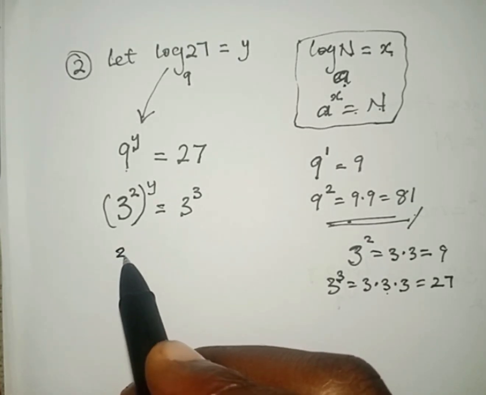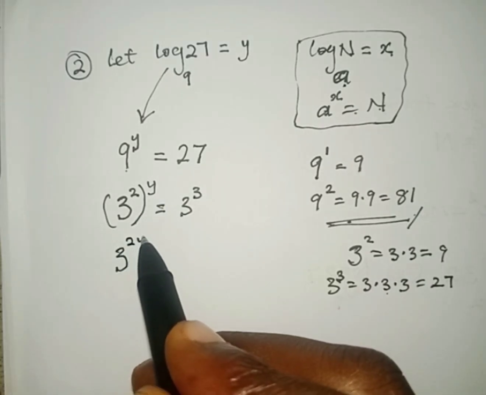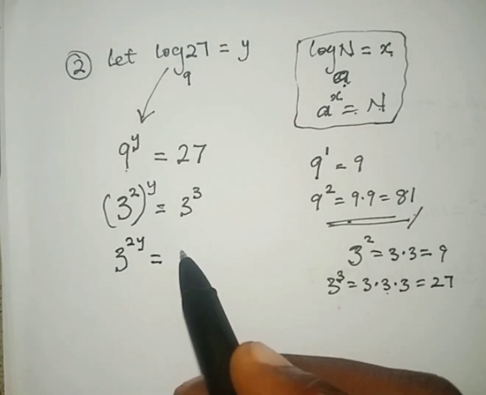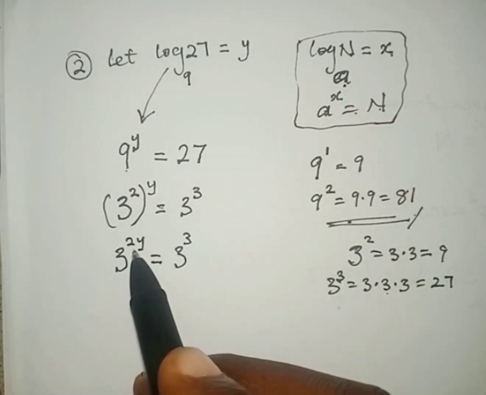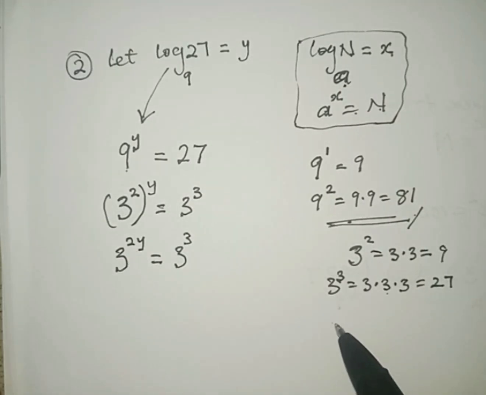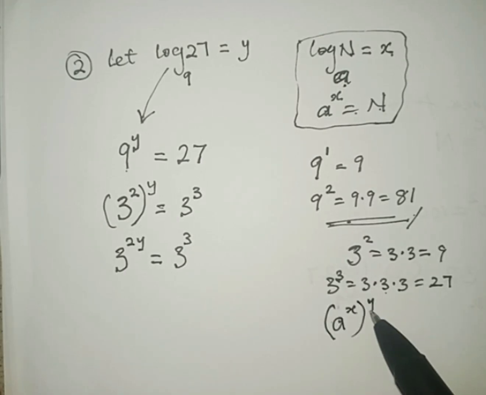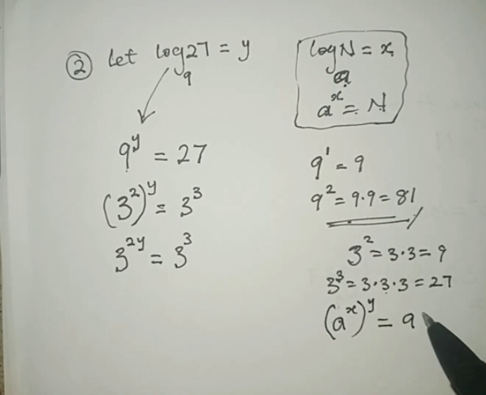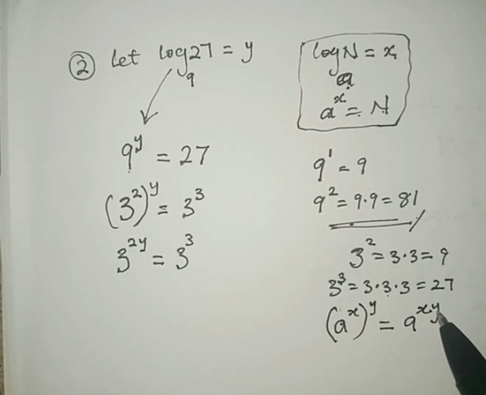Now this is 3 raised to the power 2 times y, which is 2y, equal to 3 raised to the power 3. Now this one is from the law of indices: if you have a raised to the power x, again raised to the power y, the answer is a raised to the power x times y, which is xy.